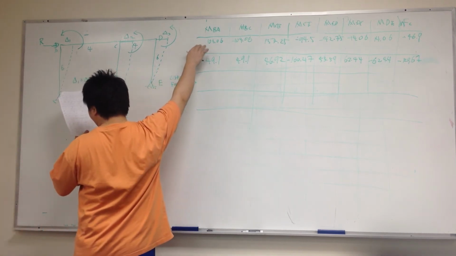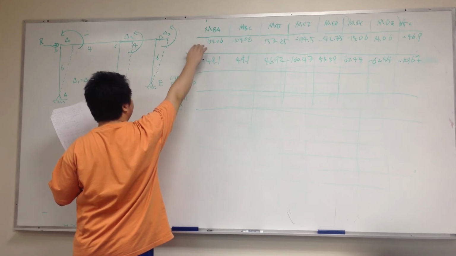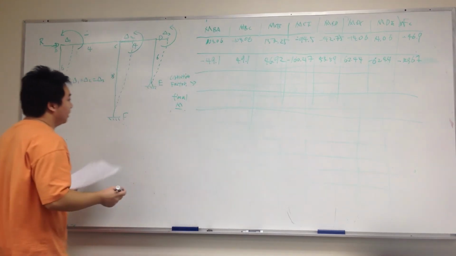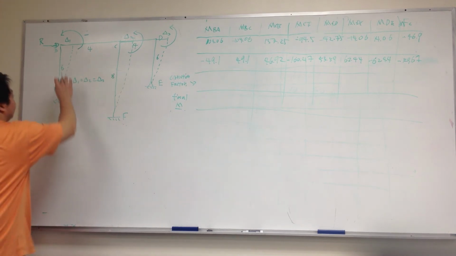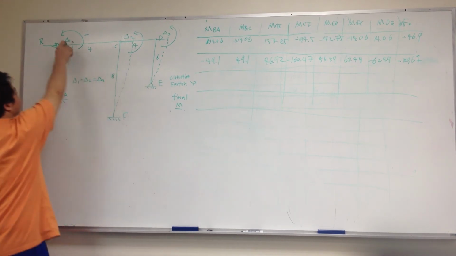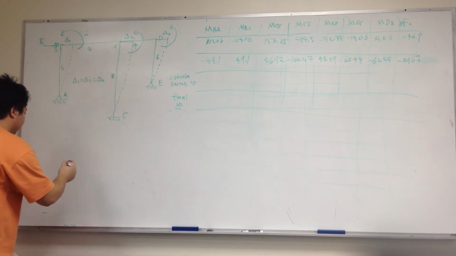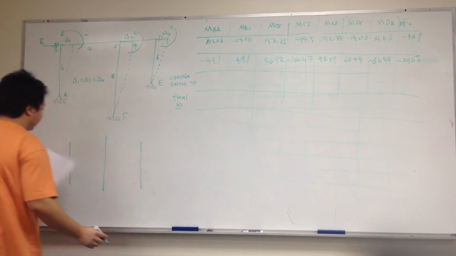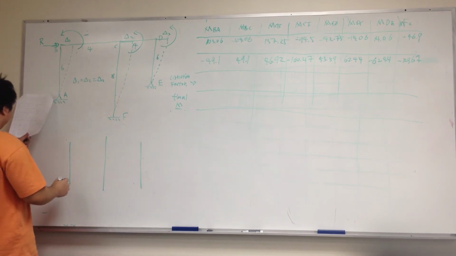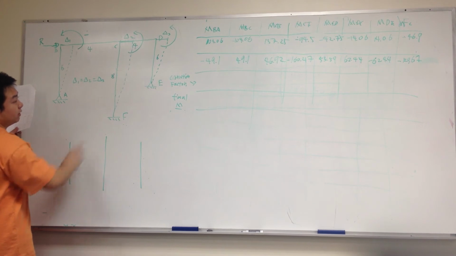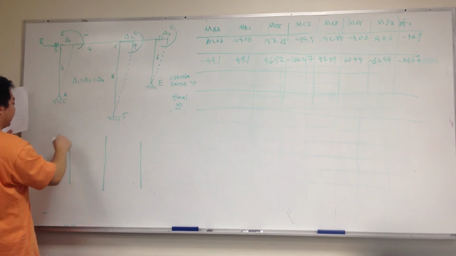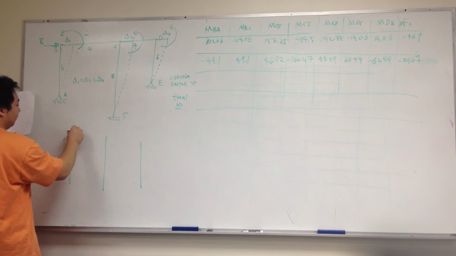For this number, for the first table, the number with the distributed load, you're going to do this. You have 1 span, 2 span, 3 span, which is going to have the delta. So you're going to put this 3 span. And for the moment at B8, you have positive 104.06, which is clockwise, turning this way. 104.06.